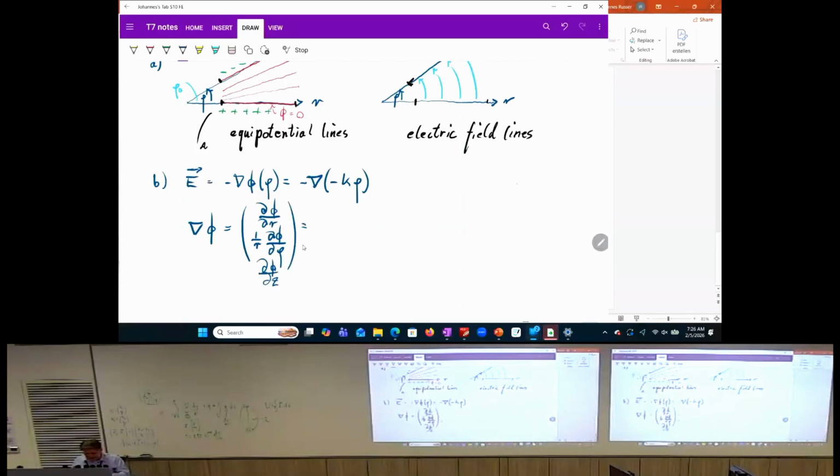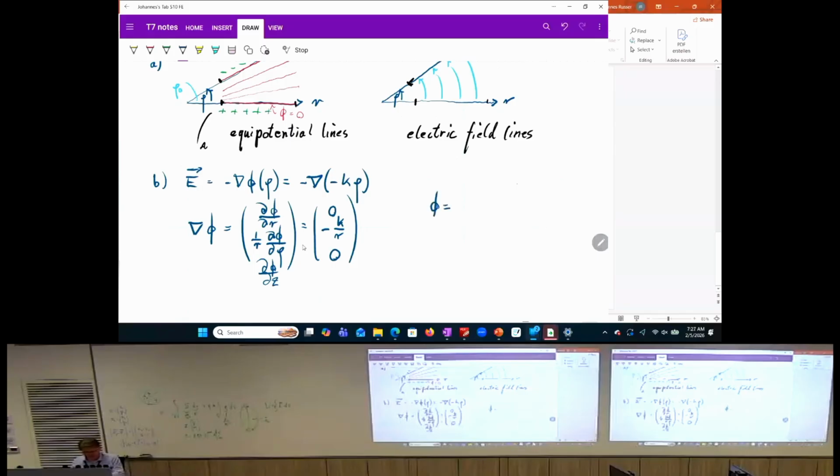Now you take the derivative. There's no r component in the potential, so the derivative with respect to r is 0. There's a phi component that will give you minus k, but be careful because we are in a cylindrical coordinate system, so you have to put the 1 over r in here too. And for z, there's also no z dependence.